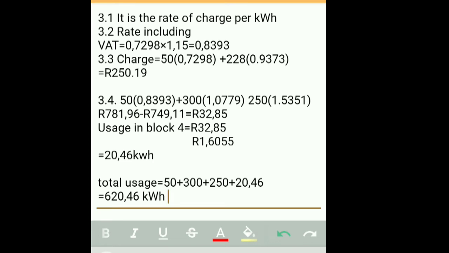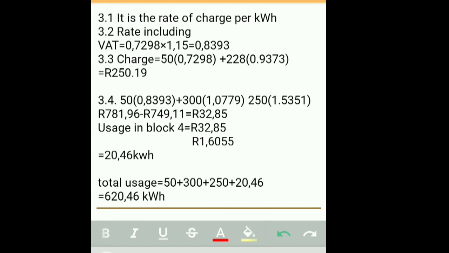As we minus here, 351 minus 601, we are getting 250. That simply means, as Nelson has used 781 rand, including VAT, take that 781 as kilowatts. That simply means in block 3, he used 250 kilowatts.